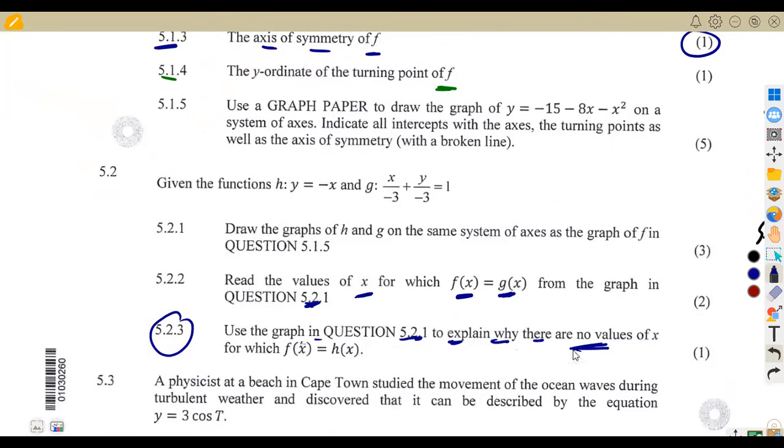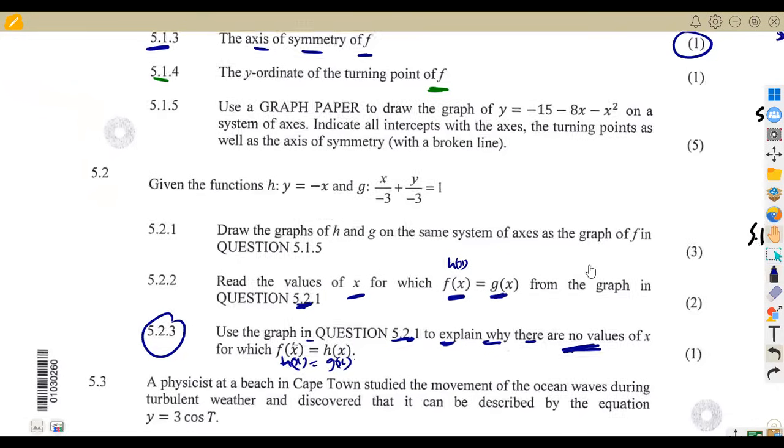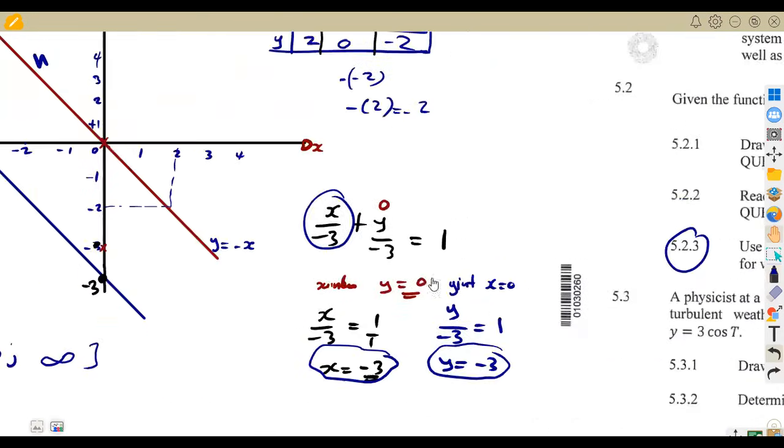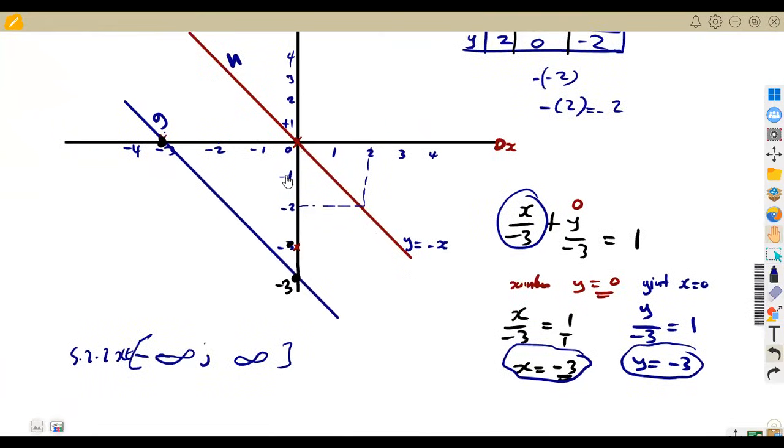Now they are saying there are no values of x for which h of x is equal to g of x. This is just an error in the way they are writing here. From these graphs that we see, there are no solutions, because these two graphs are parallel, they do not meet.